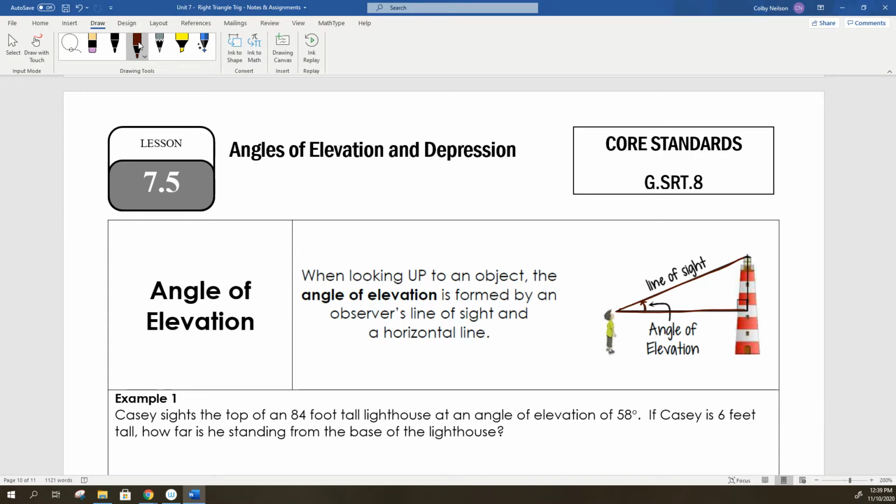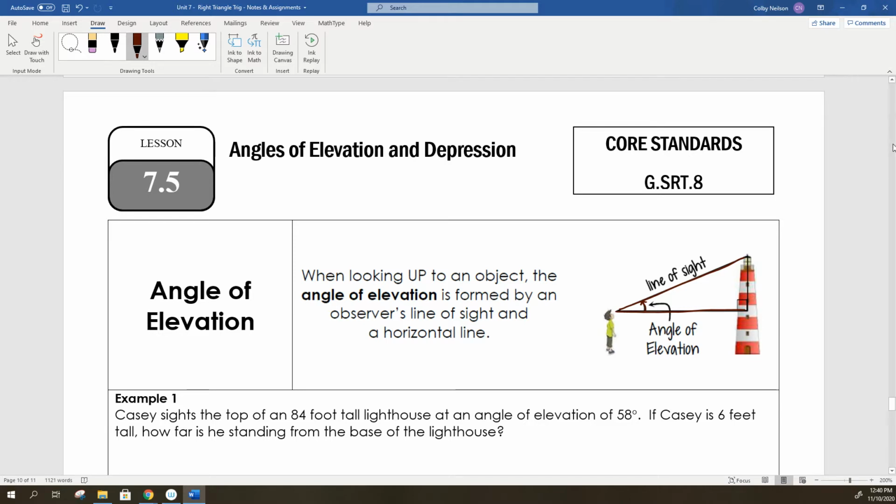So an angle of elevation doesn't have to be just your line of sight. It could be like something on the ground, like a ball on the ground and the angle of elevation to the top of something else after it's kicked. You know, it was kicked at an angle of elevation of 20 degrees or whatever.